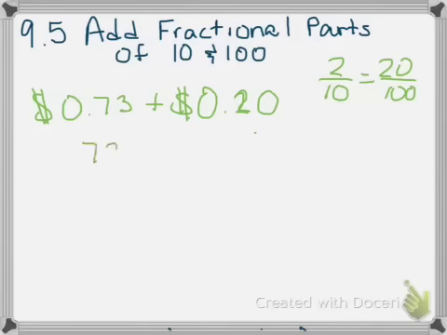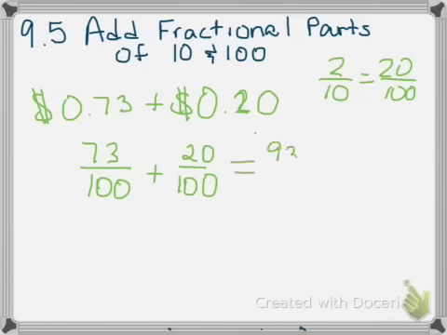Well, this is 73 100ths. And like I just said, this 2 over 10 is the same as 20 over 100. Then I just add across. Well, 73 plus 20 is 93 over 100.